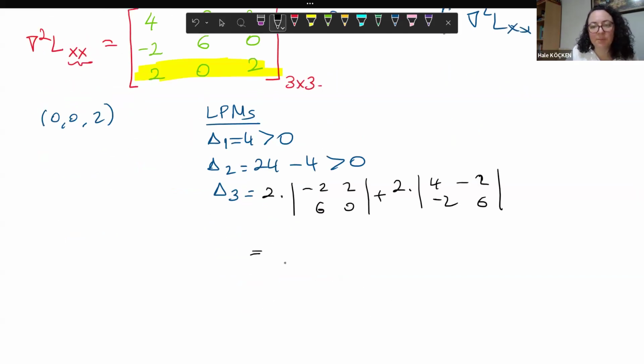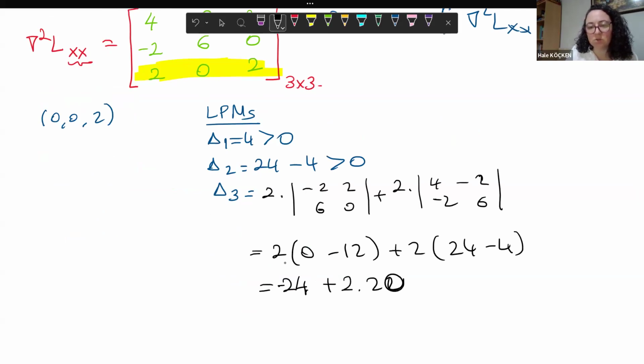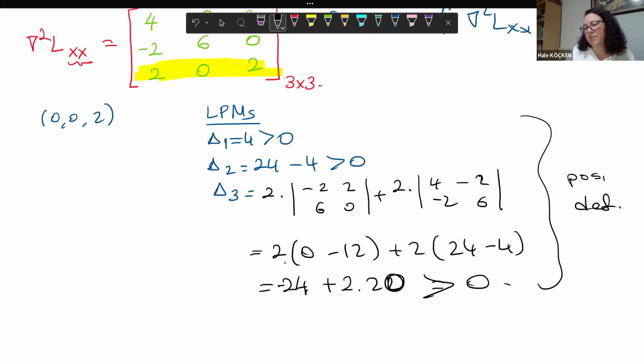So 2 times 0 minus 12 plus 2 times 24 minus 4. Let me do the operation. 2 times minus 12, minus 24, plus 2 times 20. So anyway, it is greater than 0. So we are lucky. It is positive definite.